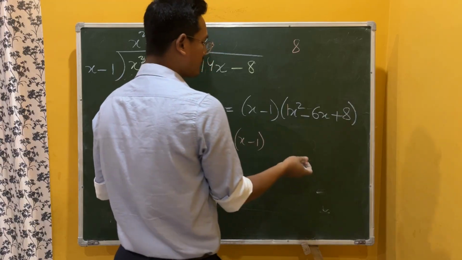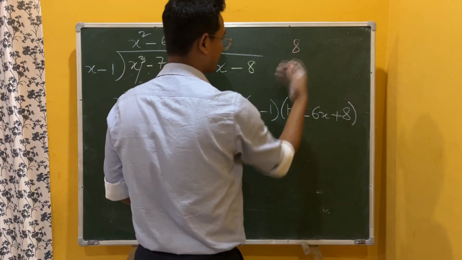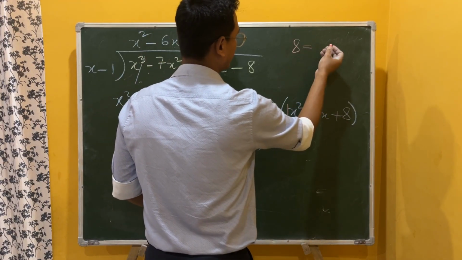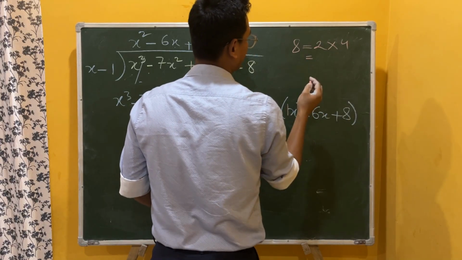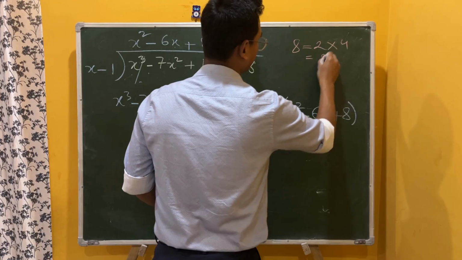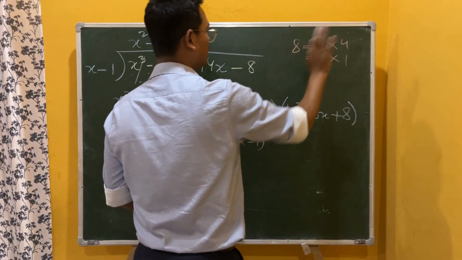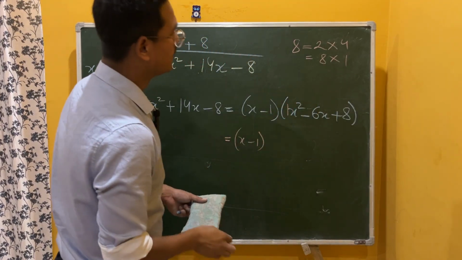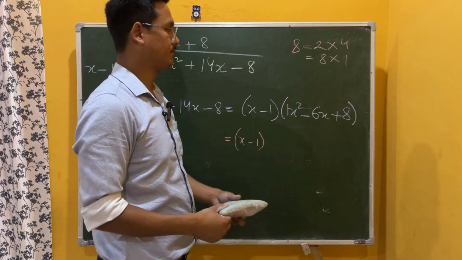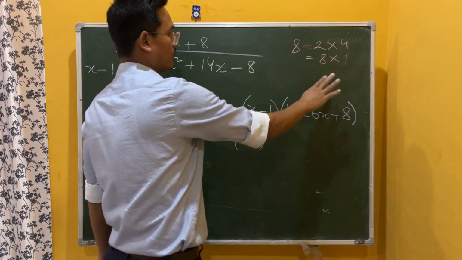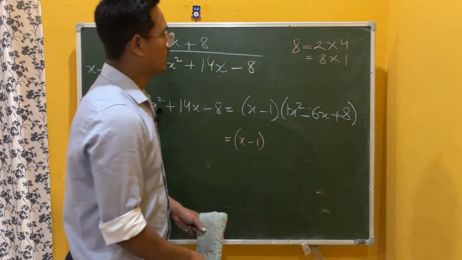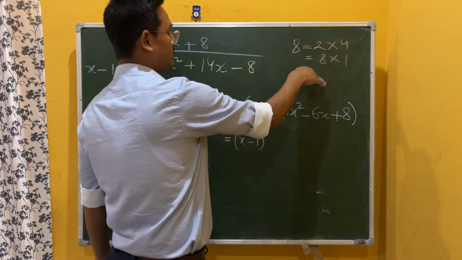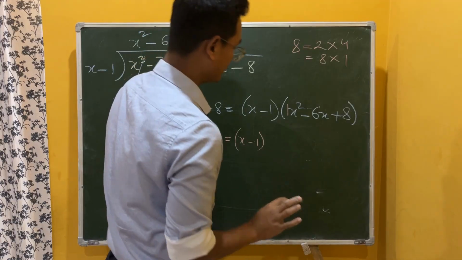Now write the possible factorizations of 8. So 8 can be written as 2 times 4 or 8 times 1. So these are only 2 possible factorizations of 8. We are not concerned with the prime factorization.